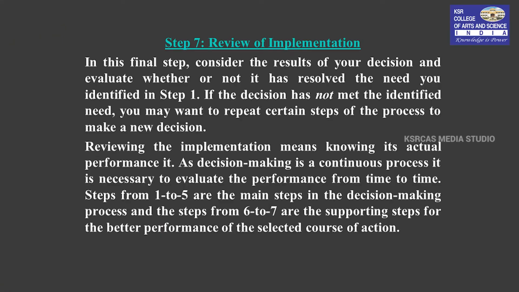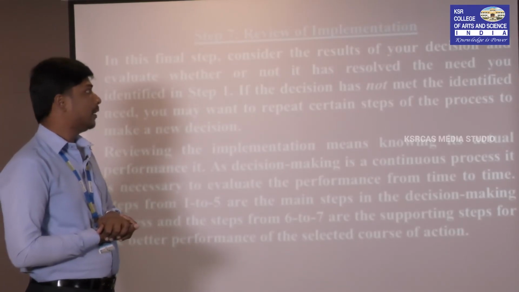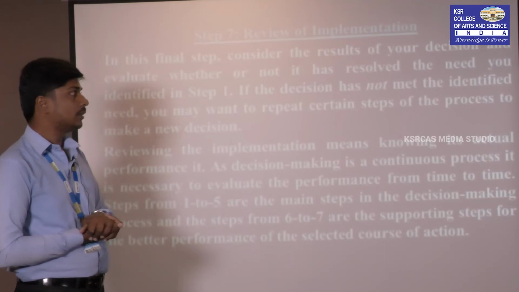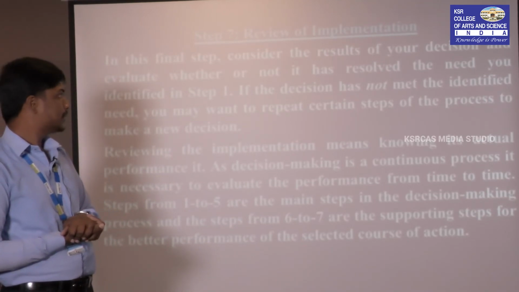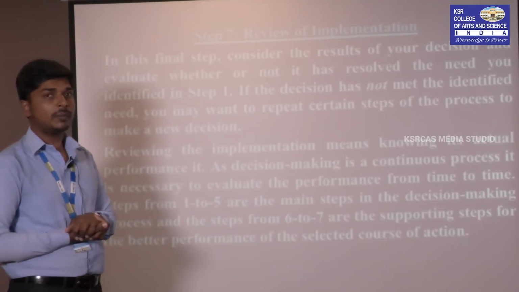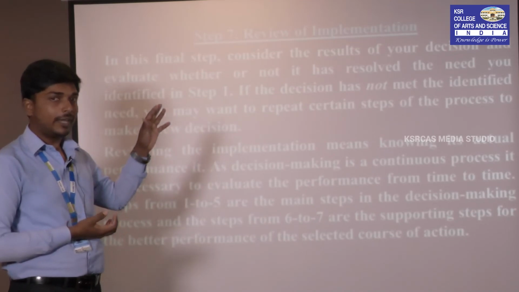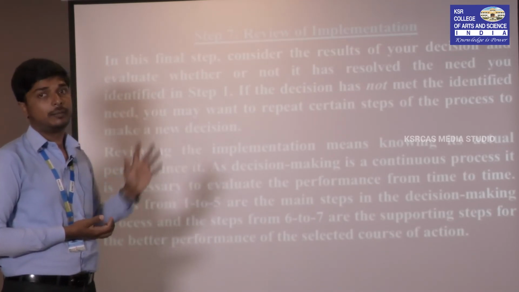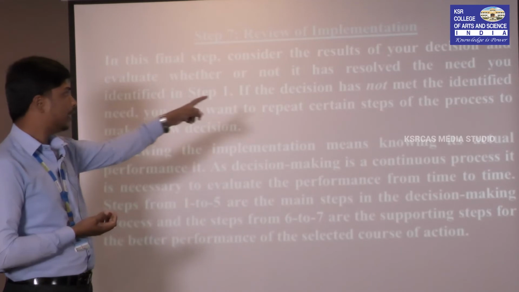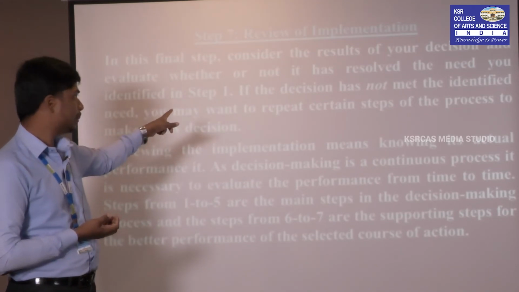In this final step, consider the result of your decision and evaluate whether or not it has resolved the need you identified in step 1. If the problem is not solved, we have to revisit the previous steps and the need identified in step 1.